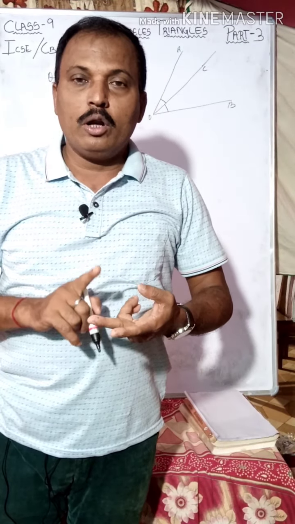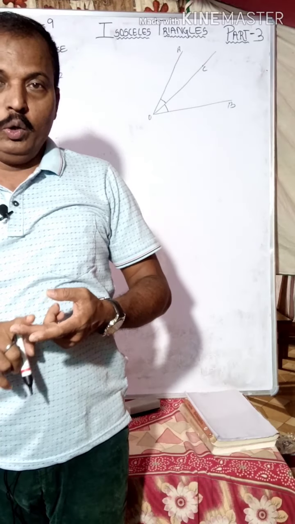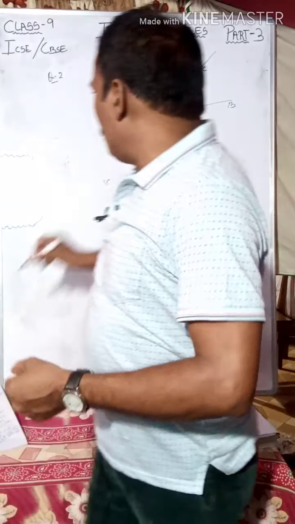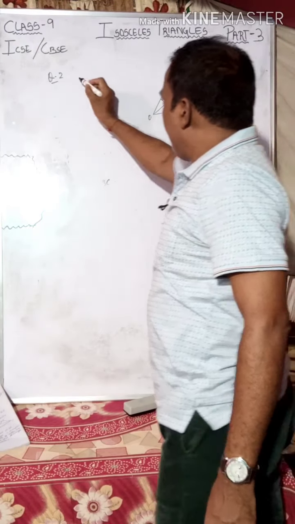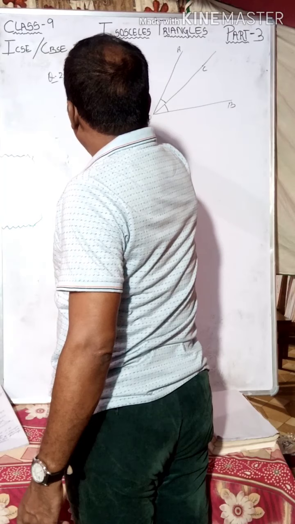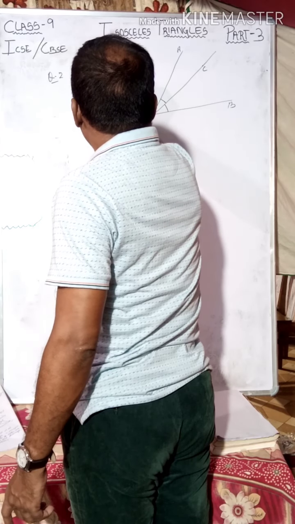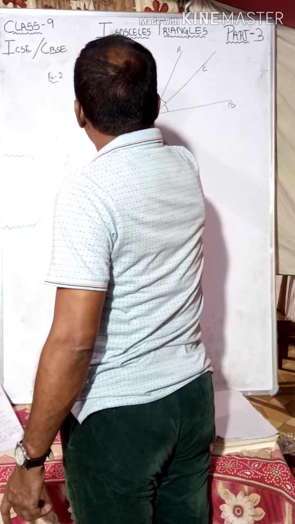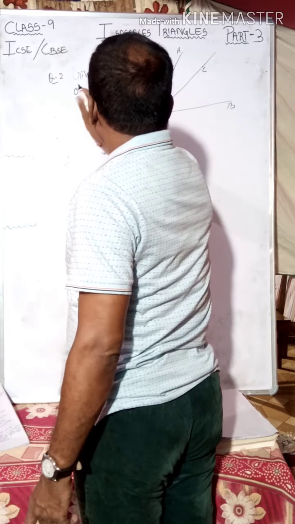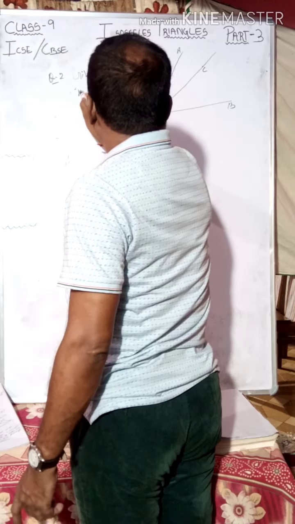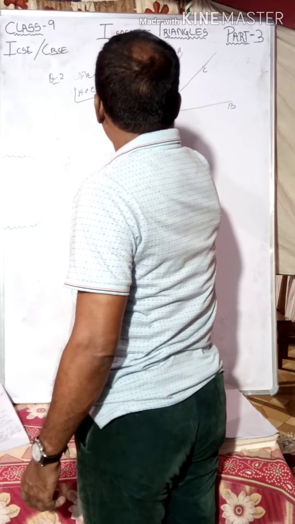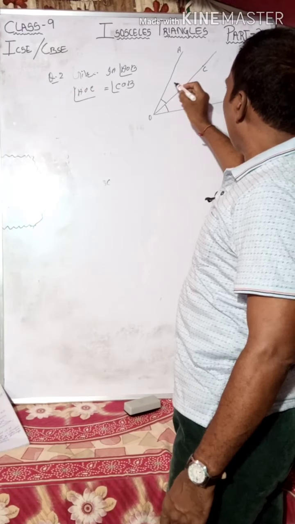Then draw a straight line parallel to either arm of the angle. In angle AOB, OC is the bisector, so angle AOC is equal to angle COB.